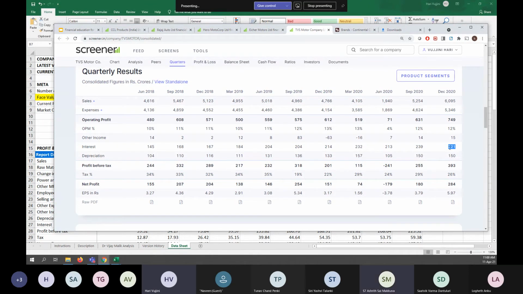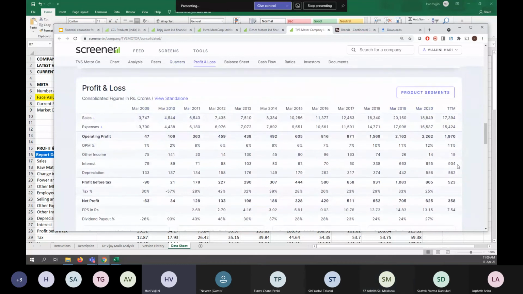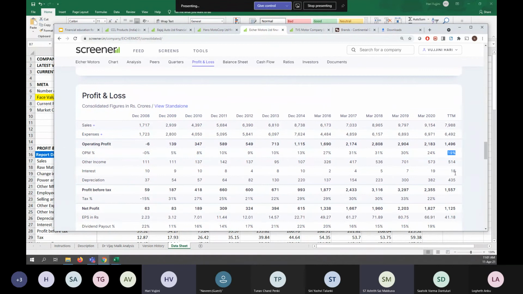Isn't that quarterly results? Oh, sorry, this is quarterly. So they are paying 904 million interest because they borrowed a lot of money. If you borrow a lot of money, you have to pay the interest, right? Whereas Eicher Motors' interest amount is negligible, only 18 crores, because they borrowed a very little amount.